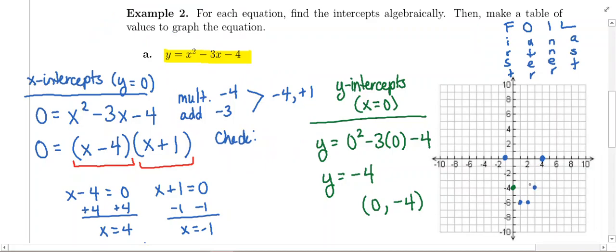This gives us a much better idea of what the graph of this equation looks like. If we go ahead and connect the dots, we are going to get a U-shaped graph. Let me try to do this. It's hard to draw on this thing. You're going to get this U-shaped graph that looks like this.